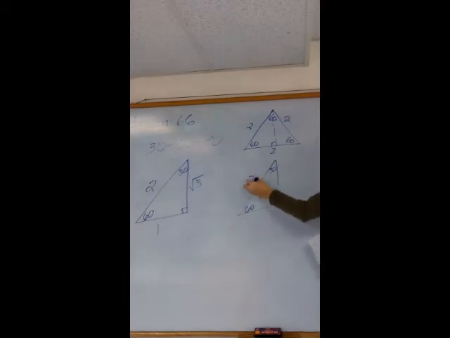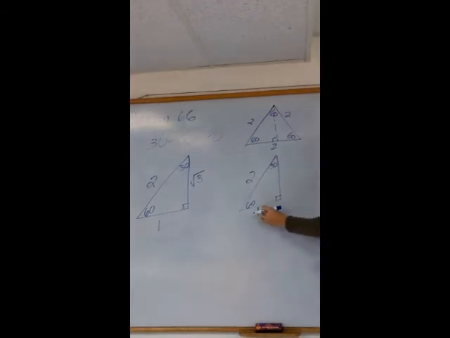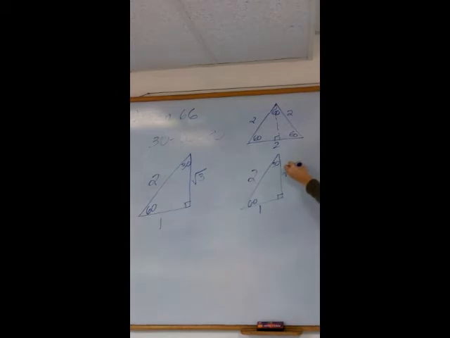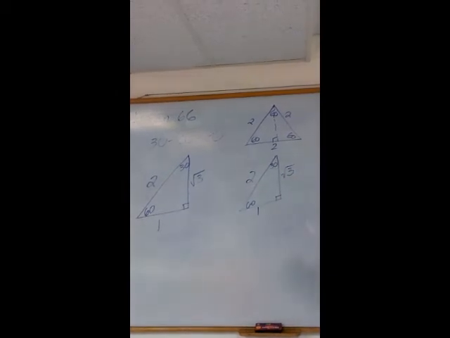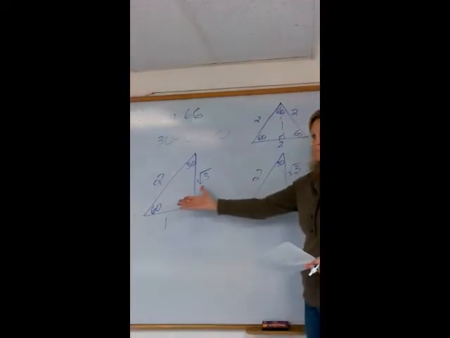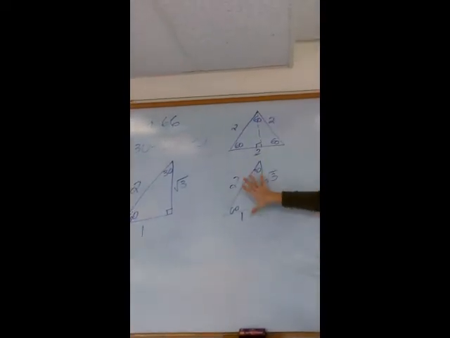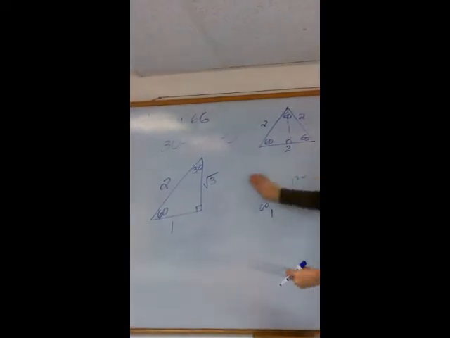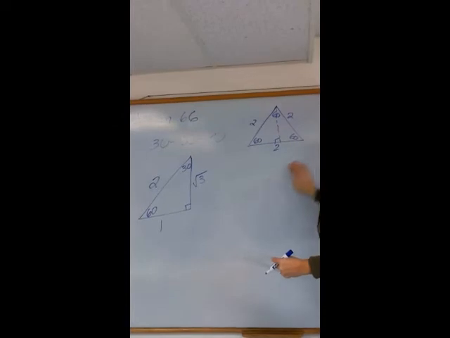The hypotenuse is still 2, but this side has now been cut in half, and it's your 1. And then if you needed to find the other side, you could use the Pythagorean theorem and say 1 squared plus side squared equals 2 squared, and you would end up with the square root of 3. So however it makes it easier to remember this triangle, if you want to start here and cut it in half and do all that work, you can, or you can just memorize the side lengths of this special triangle.